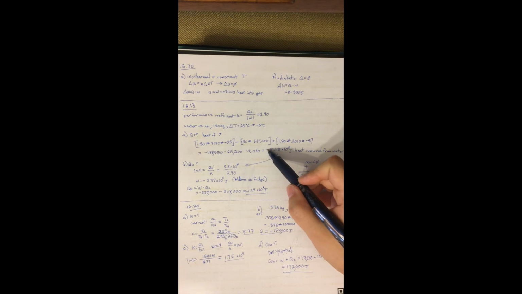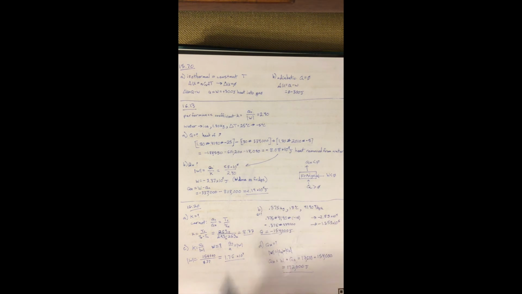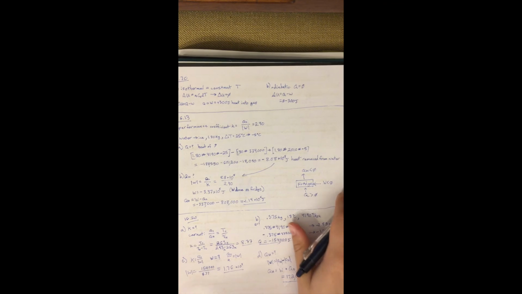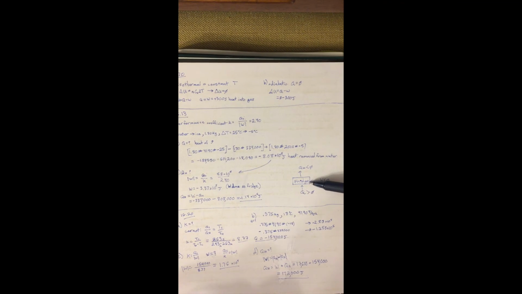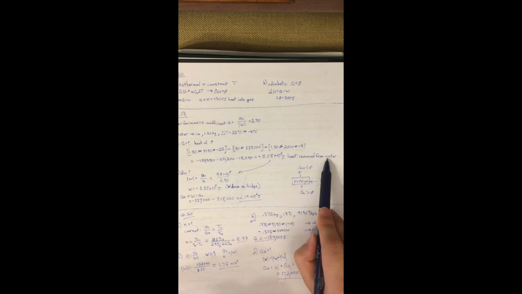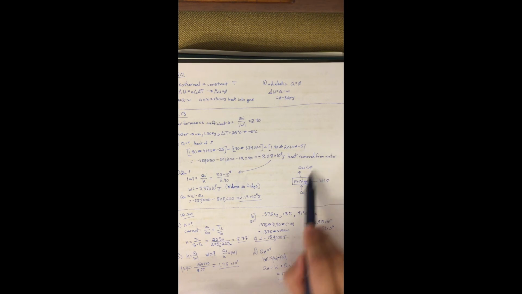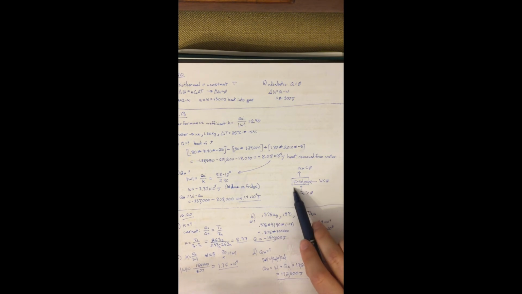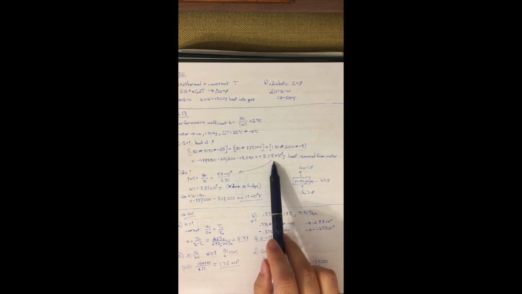So this negative here means it's pulled out of the water. That's the Q. Now, from the fridge's perspective, it's pulling the heat from the water, so it's positive here. So that's something to remember: QC is going to be positive from the fridge's perspective. So that's A.